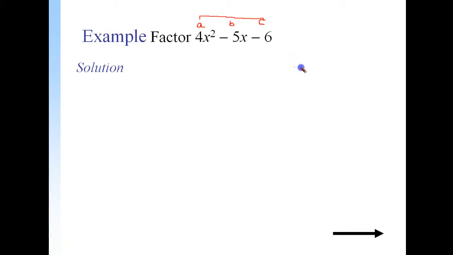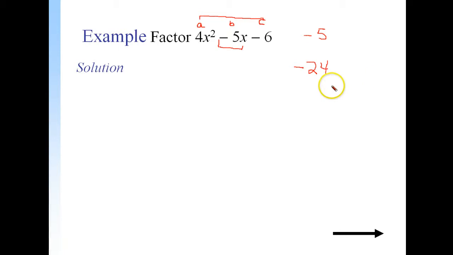That gives me a -24. Now, our B term we said is -5. Now we're looking for factors of -24 that add up to -5.